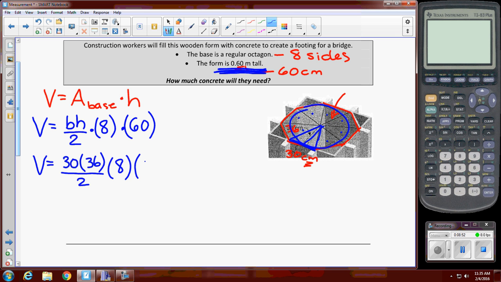And then this whole thing is 60 centimeters tall. So this will tell us our volume. Go through and put these numbers into our calculator. We should have 259,200 cubic centimeters of concrete. So we found the volume of this strange shape, this octagonal prism.